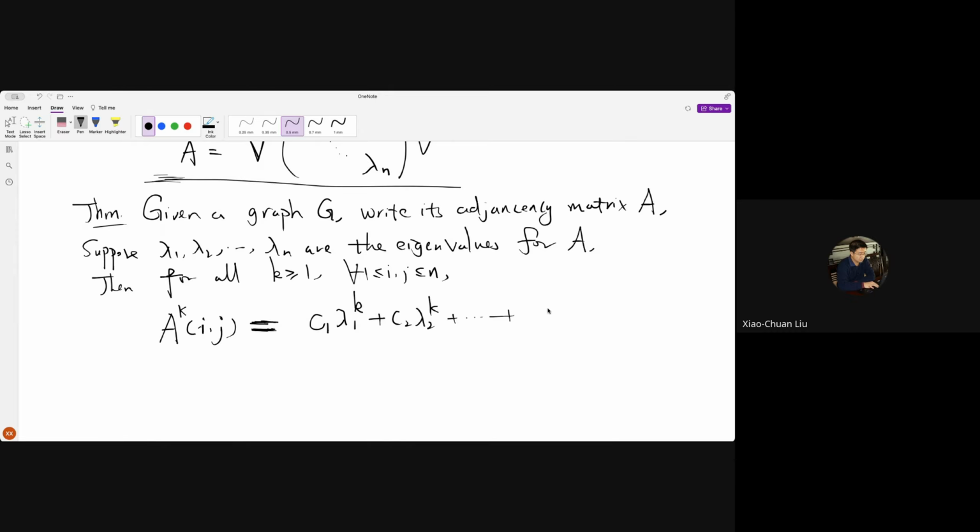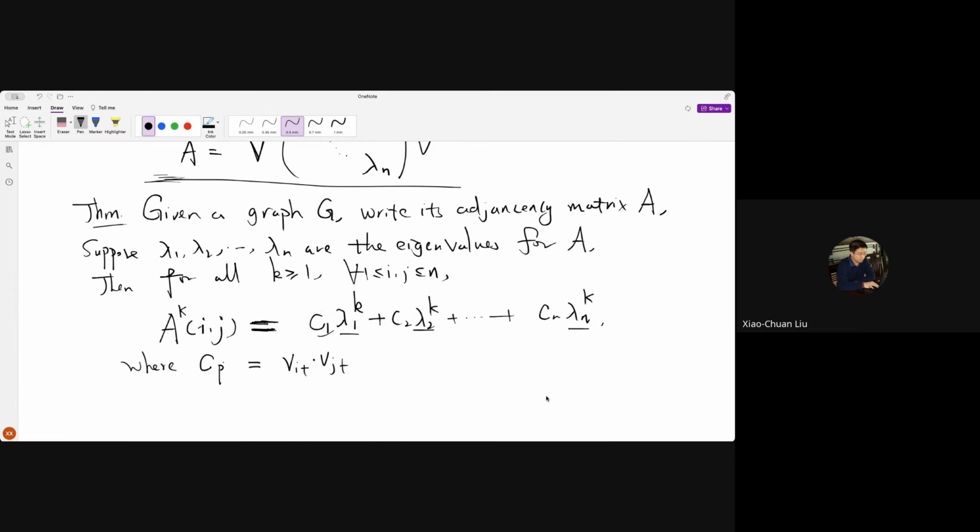So it's a weighted sum of all these eigenvalue powers, where we have to decide all these coefficients. Each C_p is a sum of V_it times V_jt.